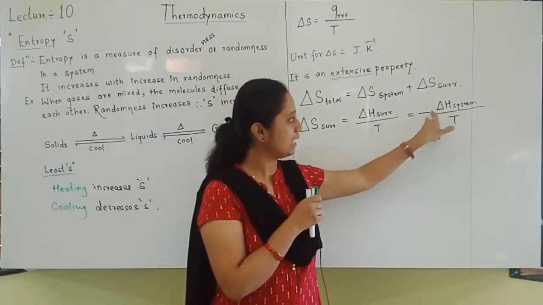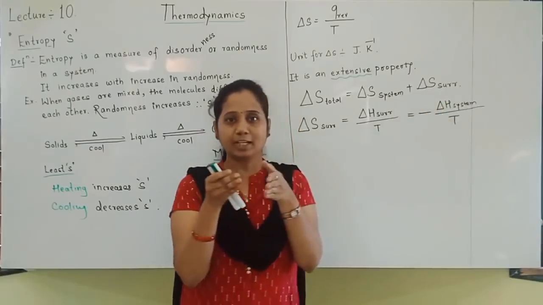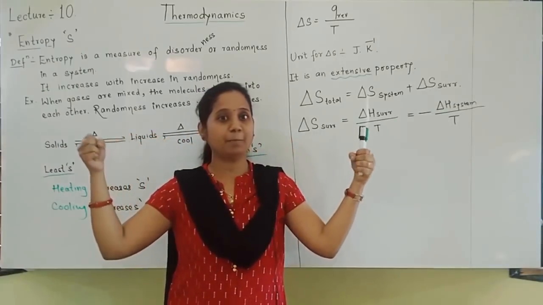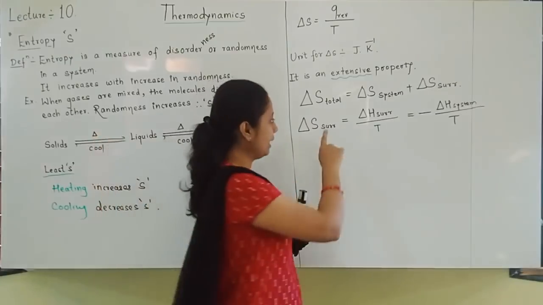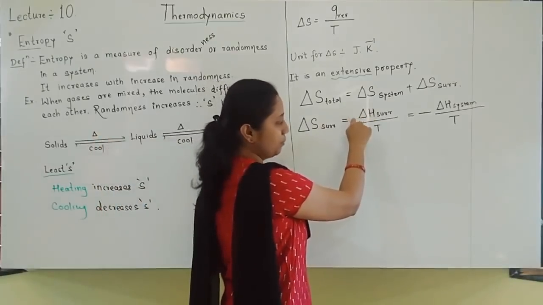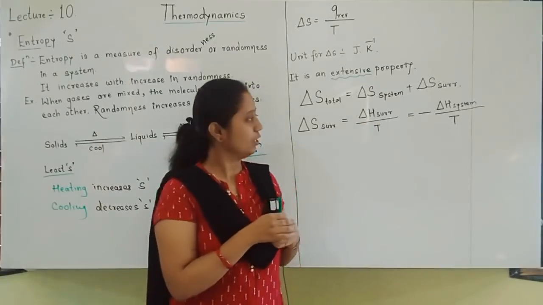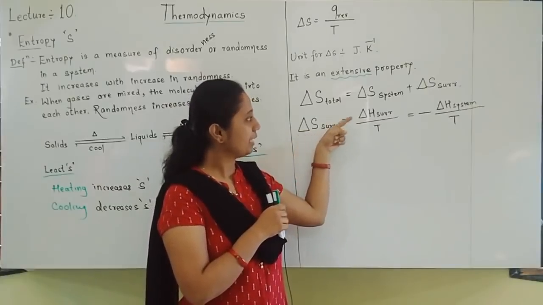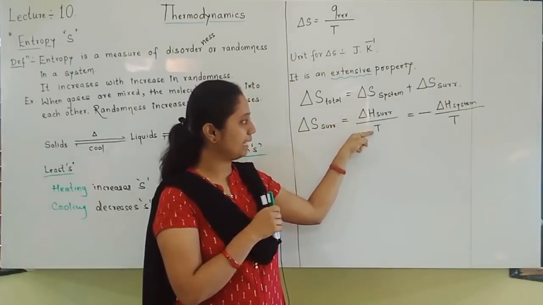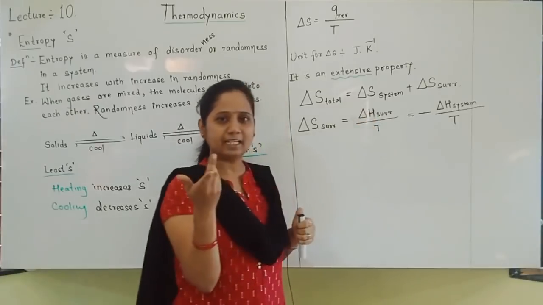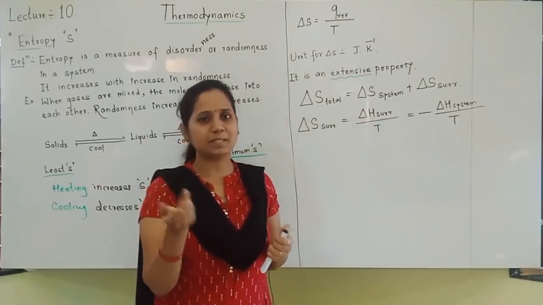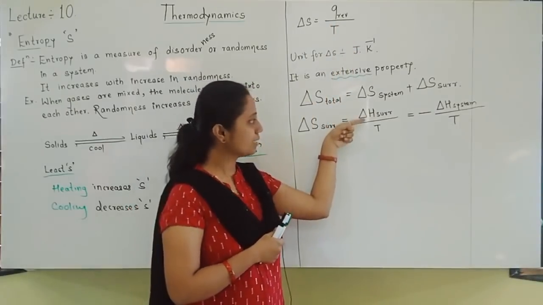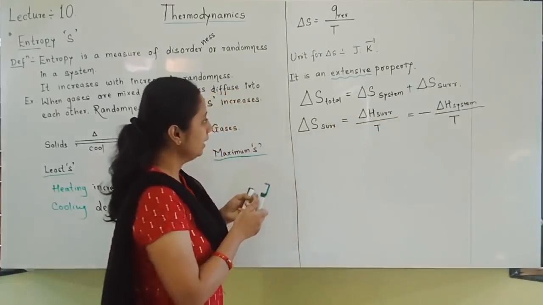In an exothermic reaction, delta H will be negative. Whatever heat is given out by the system, that heat will be absorbed by the surrounding. So for the surrounding, the delta H value should be positive. Understood? So remember the formula: delta S for surrounding is delta H for surrounding by T. Why delta H? Delta H is enthalpy change. Enthalpy is nothing but the total heat content, Q, of the system and surrounding. Okay, so remember the formula.